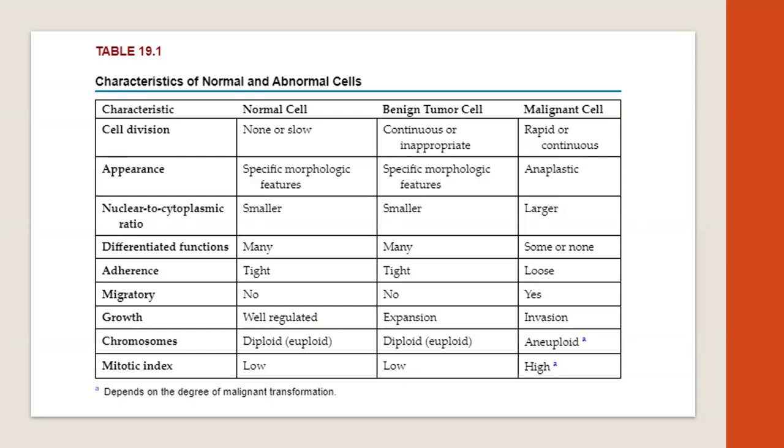Benign tumors tend to have very delineated outlines around them. They tend to have a hard cellular surface that's covering the tumor. And so when they're surgically removed, it's pretty easy to get it all. Once you remove a benign tumor, it is unlikely to come back.